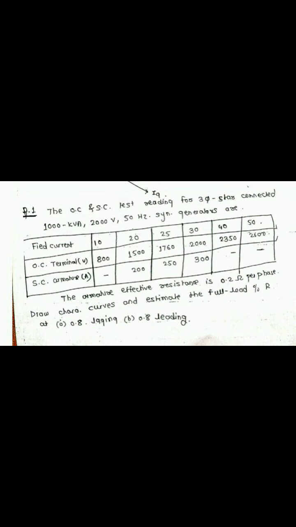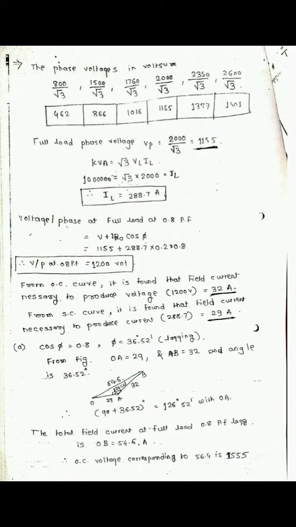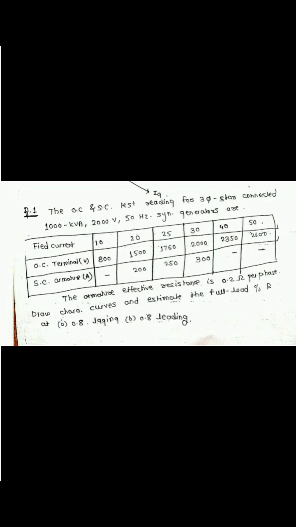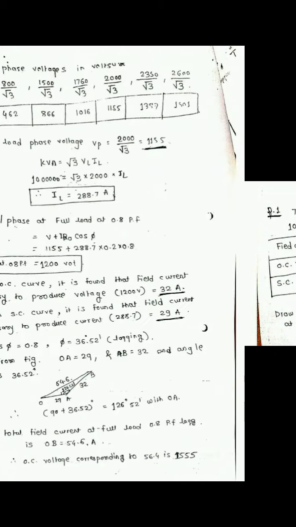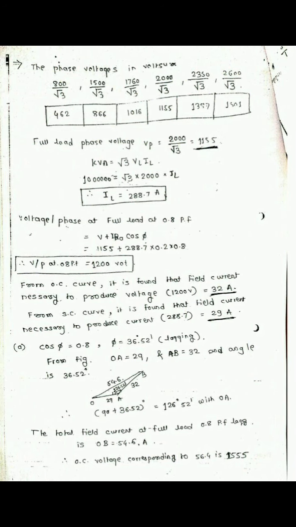The first step to solve this problem is to convert these open circuit voltages, that is 800, 1500, 1760, 2000, 2350, 2600, into phase voltages. Converting the three phase voltage into phase voltage, that is dividing by root 3, we get the values 462, second 866, third 1016, fourth 1155, fifth 1357, and last 1501.